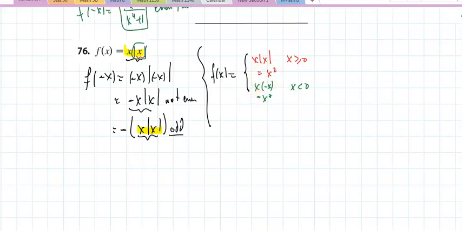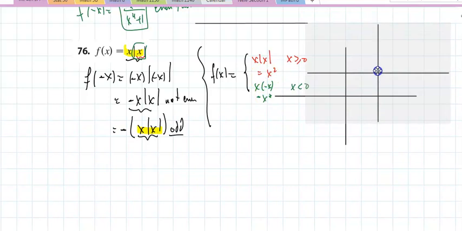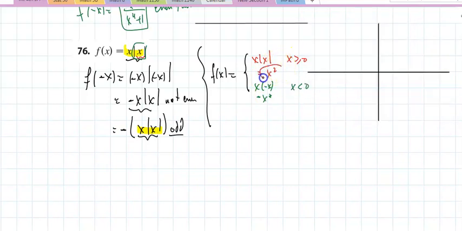So if I look at this graph, I want x squared if x is bigger than or equal to 0: 0, 1, 1, 2, 4. So that's how it looks. And negative x squared if x is less than 0: negative 1, negative 1, negative 2, negative 4. And this graph is symmetric with respect to the origin.